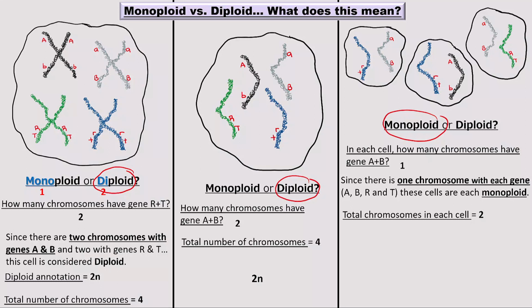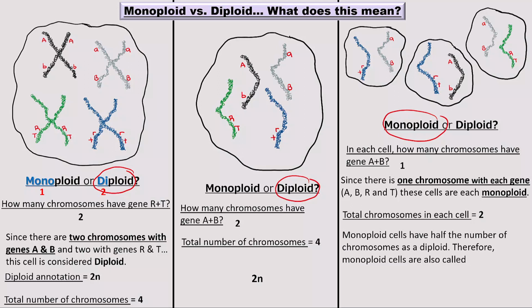The total number of chromosomes in these cells are 2. Monoploid cells have half the number of chromosomes as a diploid. Therefore, monoploid cells are also called haploid, meaning half the amount of normal DNA. The monoploid or haploid annotation is the letter N.